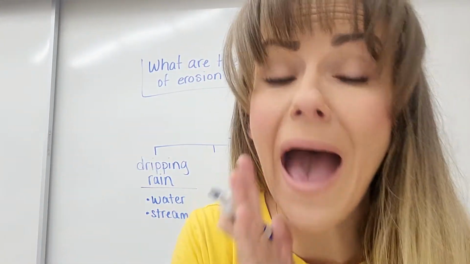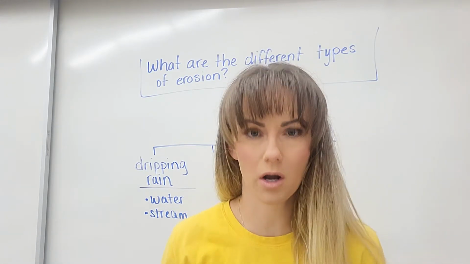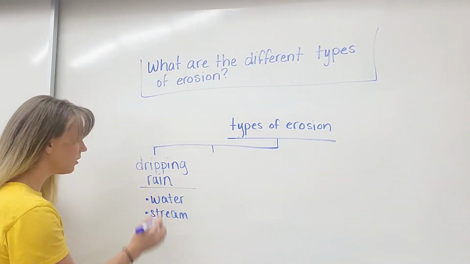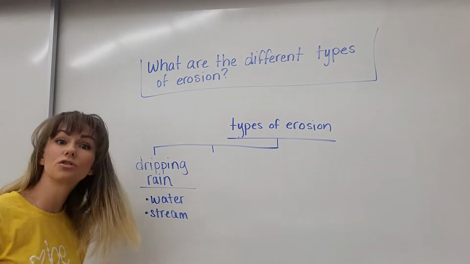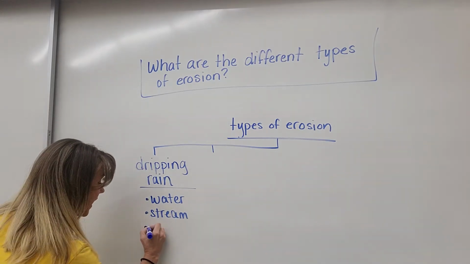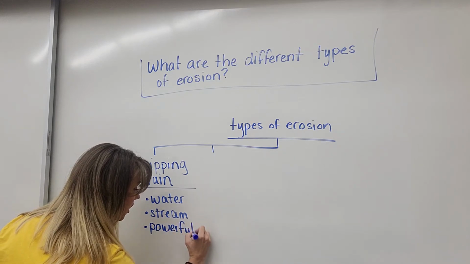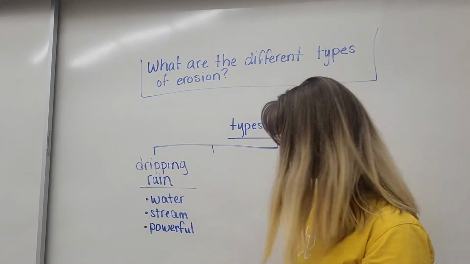I'm gonna write powerful. It has to be super powerful to move a house or a car. So we know that dripping rain erosion is caused from water and streams, and it can be very powerful. Wow.